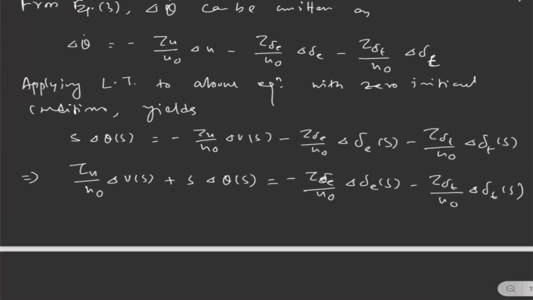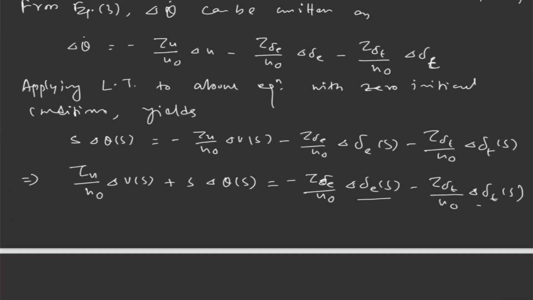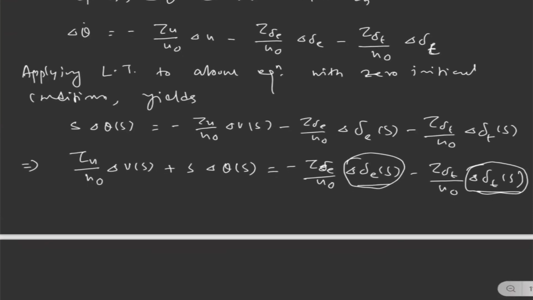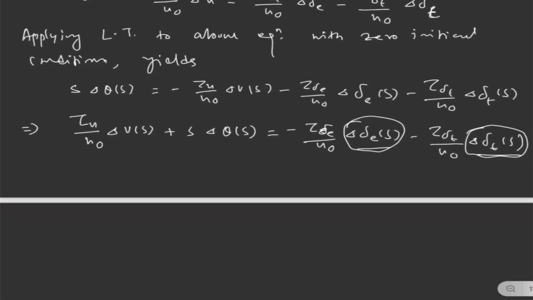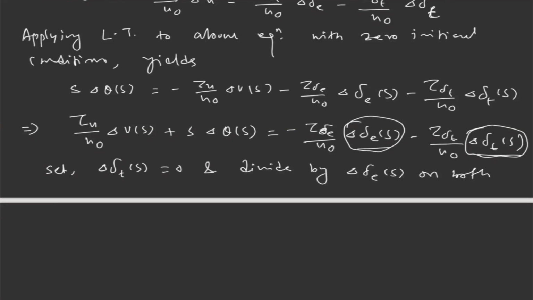So now here if you notice, again we are having two control inputs. So again we'll consider capital delta_T(S) to be 0 and we'll consider only the elevator angle input to the system. So here set delta_T(S) equal to 0 and divide by delta_E(S) on both sides.